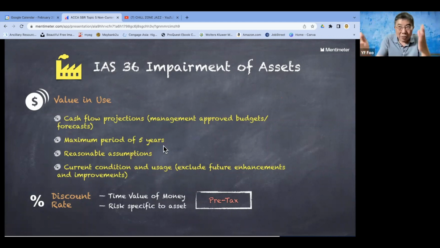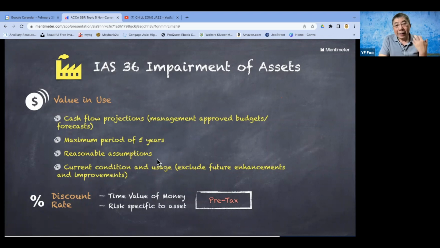So a sort of compromise period, where there is sufficient time and also not too long, will be a 5-year period. The standard identifies a maximum of 5 years. You can use 5-year projections. You cannot use more than 5 years. Using less would probably not be beneficial to your company.